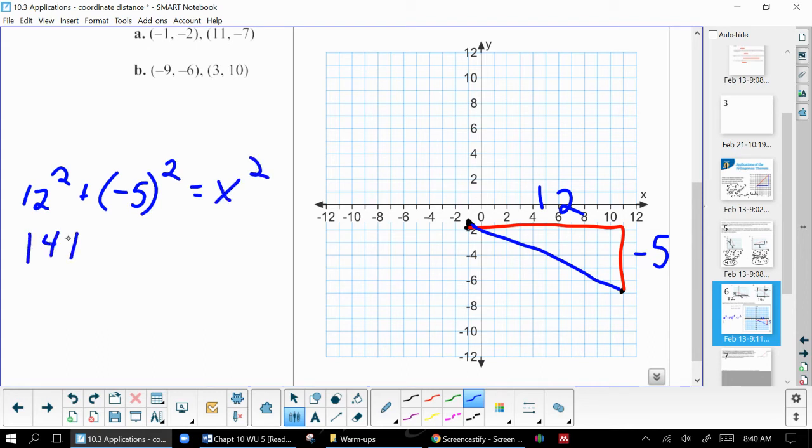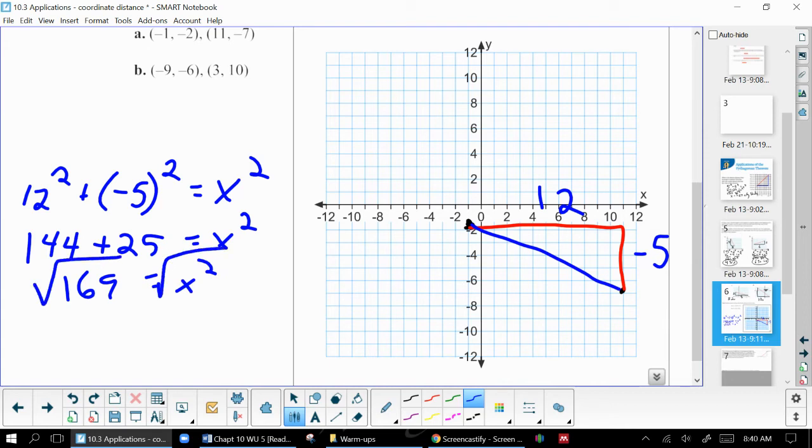Well, that's 144 plus 25, because -5 times -5 is a positive number, equals x squared. If I add those together, I'm going to get 169 equals x squared. And the square root of 169 nicely comes out to 13. So I have 13 as my final answer there.